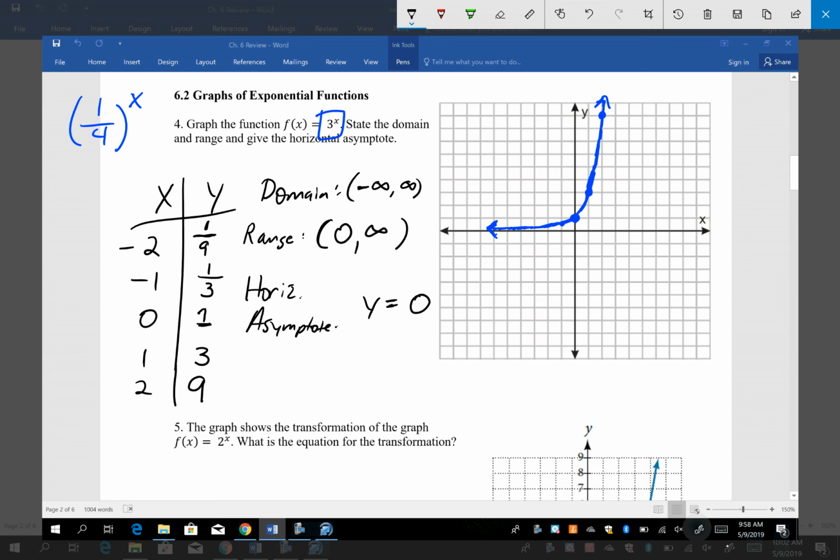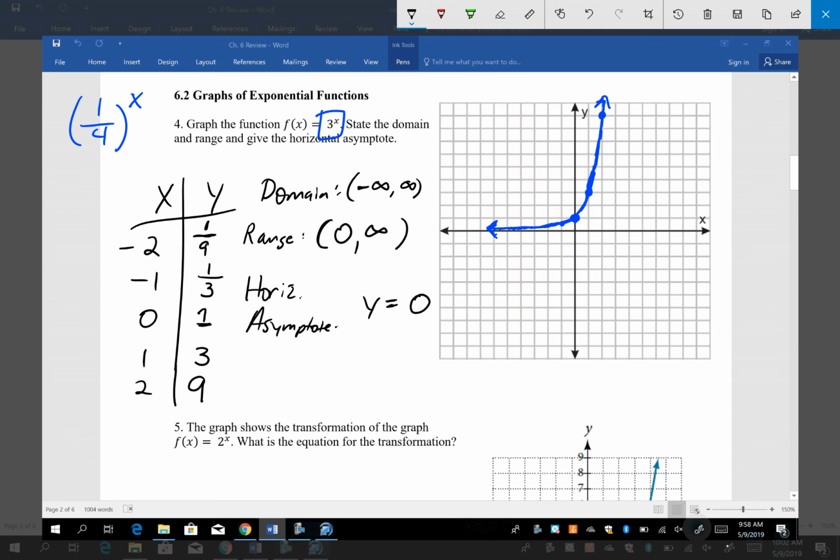Hold on, she was asking first, sorry. Oh, I'm sorry. Are you talking about this? I was just showing you that if it had been 1/4 to the x, this would be exponential decay, a completely different thing, because 1/4 is 0.25 as a decimal. If the base is between 0 and 1, then it's decay.